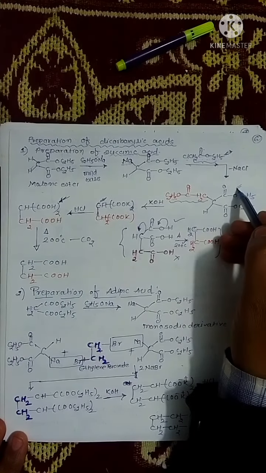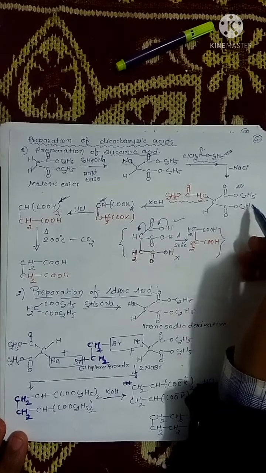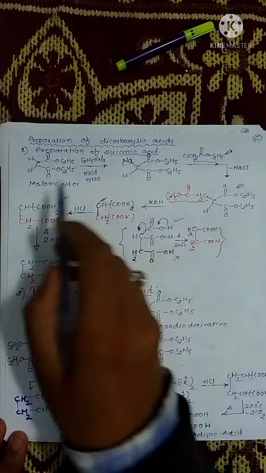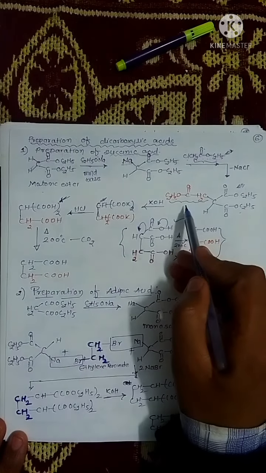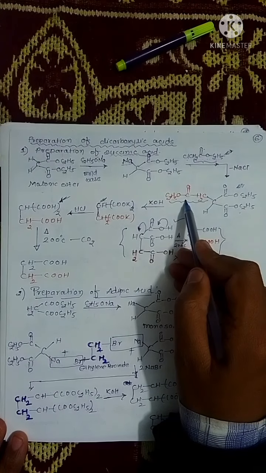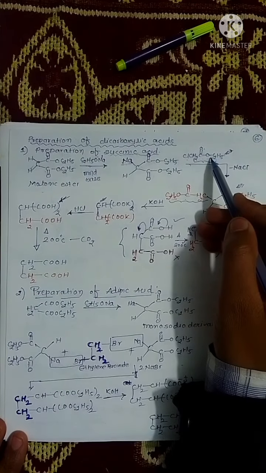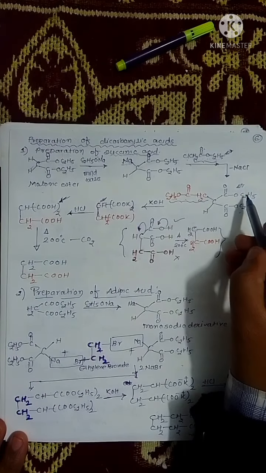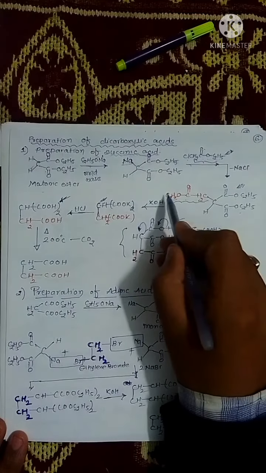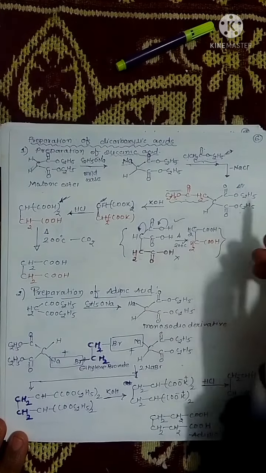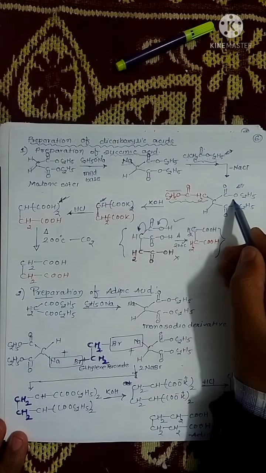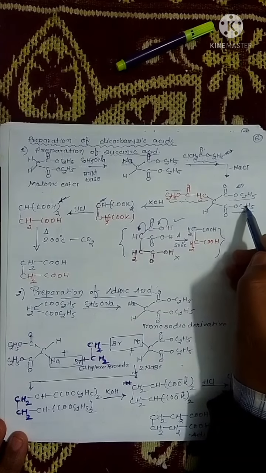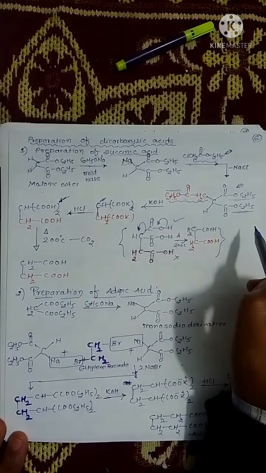This part denoted by blue pen comes from the malonic ester, while the part denoted by red pen comes from the reagent. If we look closely, both sides have ester groups. Within this compound there are overall 3 ester groups.